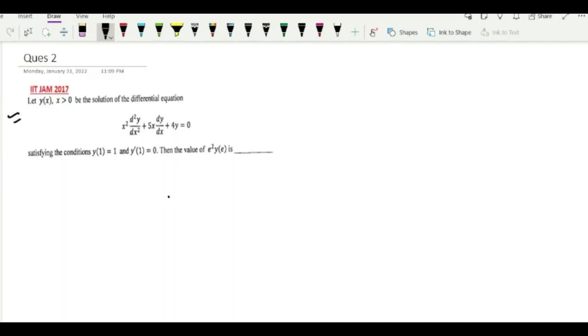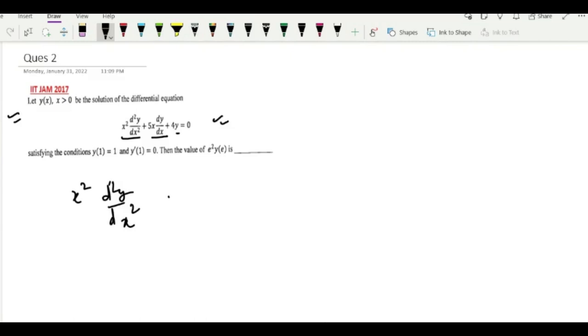Let y(x) be the solution of this differential equation. Again, you can see this is the equation having x power the same as the differential order: x square d2, x d, and y. So again, we can proceed in a similar manner.